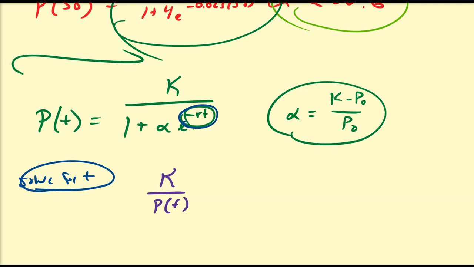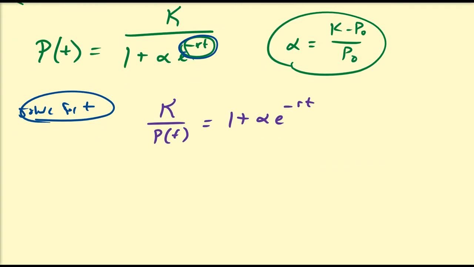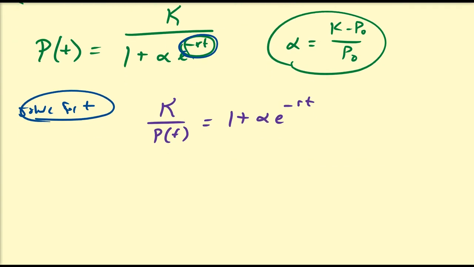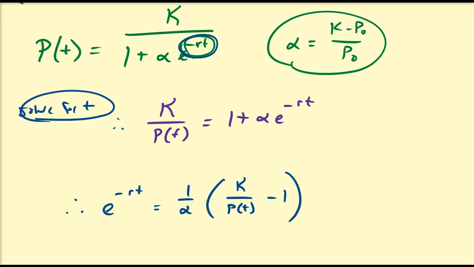We're going to assume that pt is not 0 here. And that's going to be equal to 1 plus alpha e to the minus rt. I'm going to subtract 1 and then divide by alpha. Once I do that, e to the minus rt is going to be equal to 1 over alpha times (k over p of t minus 1).